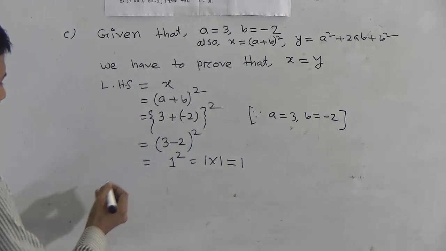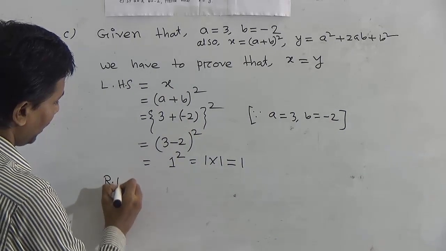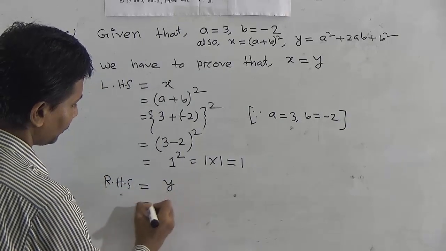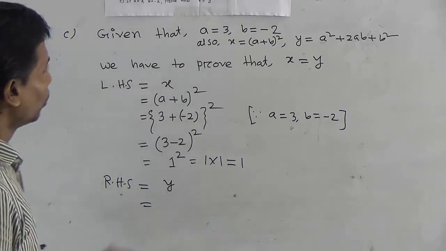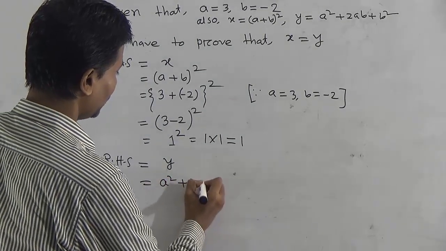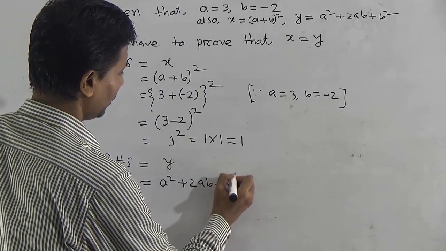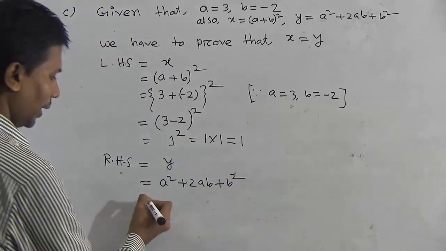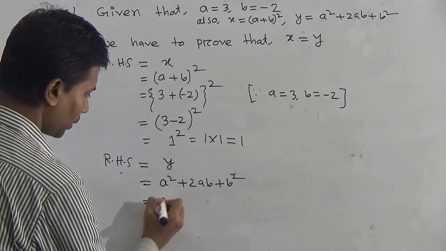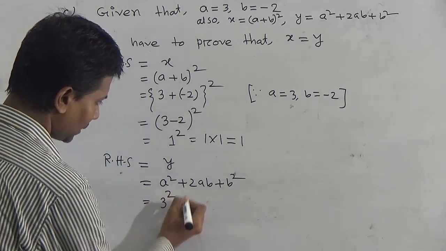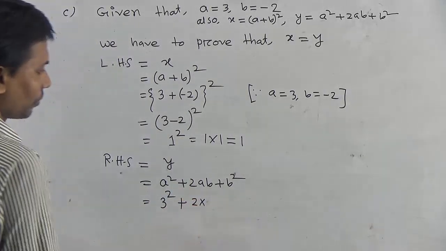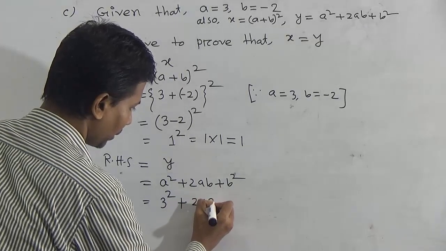Now right hand side. Right hand side is y. Now put the value of y. y equal to what? y equal to a square plus twice ab plus b square. Now you put the value. a equal to 3, put the value, plus then 2 into a equal to 3.